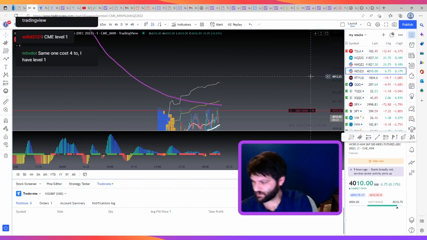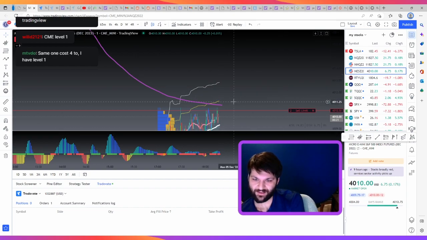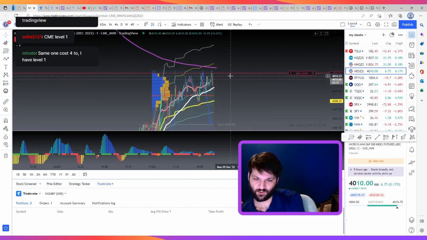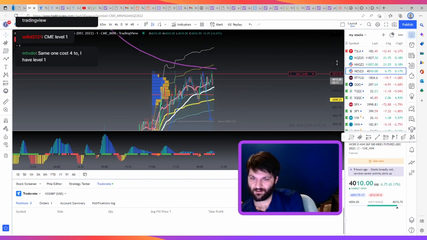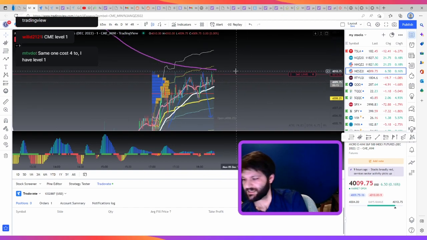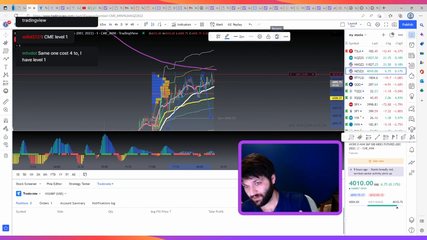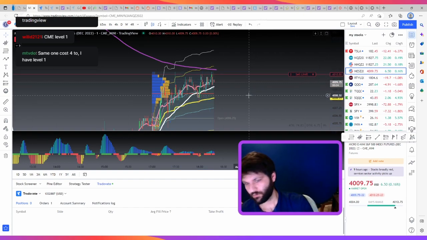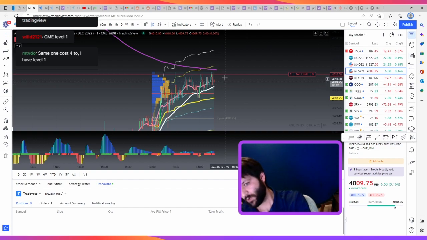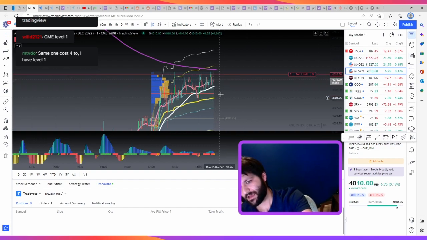A lot of times during Globex too, I noted this on my last live, which was Thursday, Globex tends to range a lot, and during ranges you can make a lot of really good plays if you go heavy on the play. So like right now, for example, if we basically pop off of here and then go back down to here and then pop off of here and then back down to here.